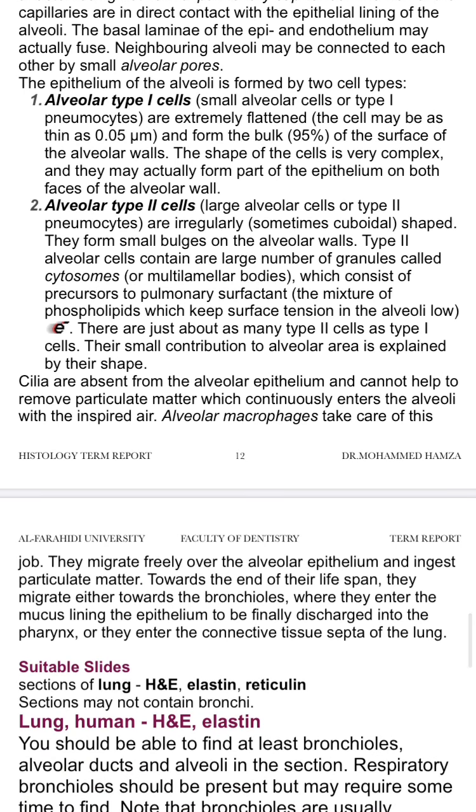The type 2 cells, or large alveolar cells, or type 2 pneumocytes, are irregular, sometimes cuboidal shaped. They form a small bulge on the alveolar wall, and the type 2 cells contain a large number of granules called cytosomes, which consist of precursors of surfactant, a mixture of phospholipids which keep the surface tension in the alveoli low.